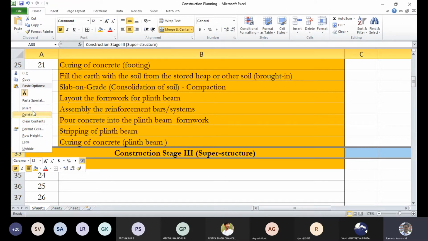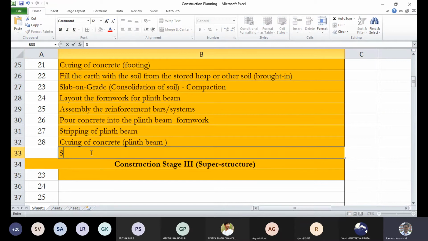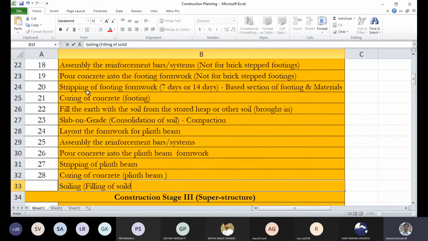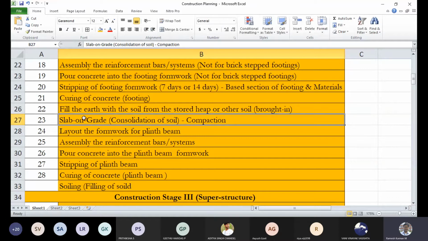And a process called soiling, which is once the concrete of a plinth beam gets cured, and the voids that form between the plinth beams, it's actually the floor, and that's when we don't have the slab on grade.